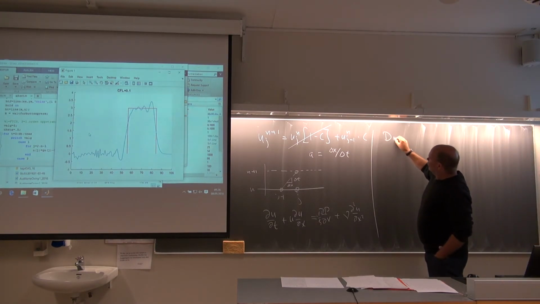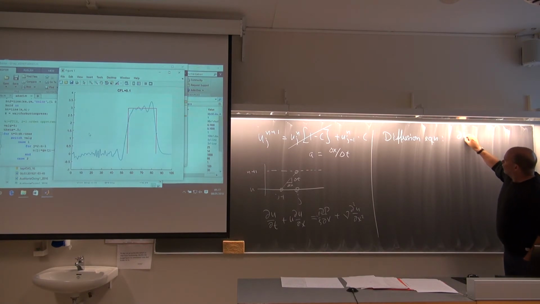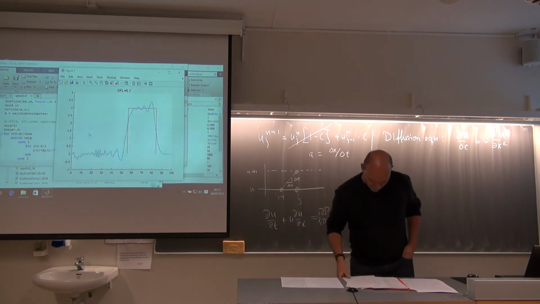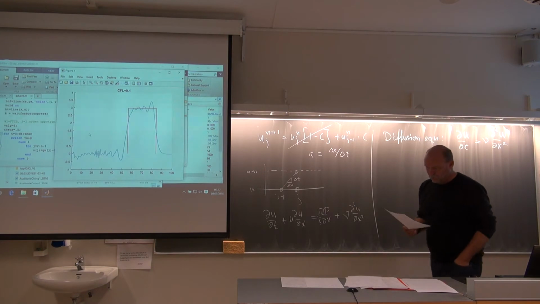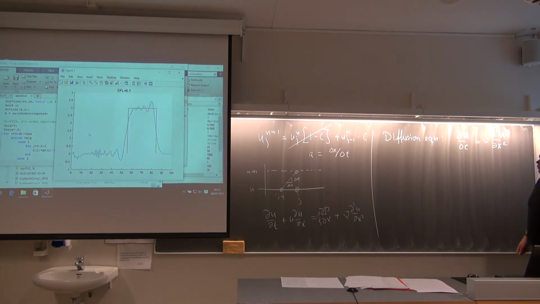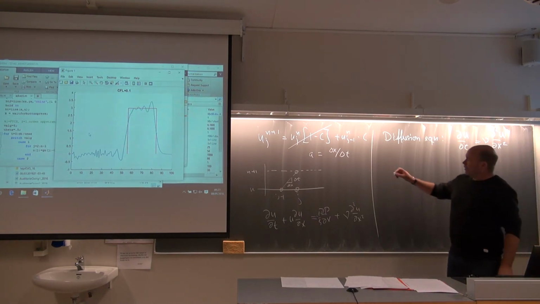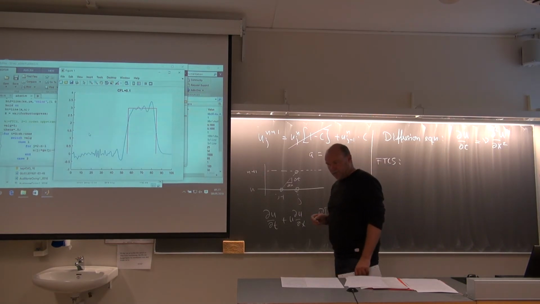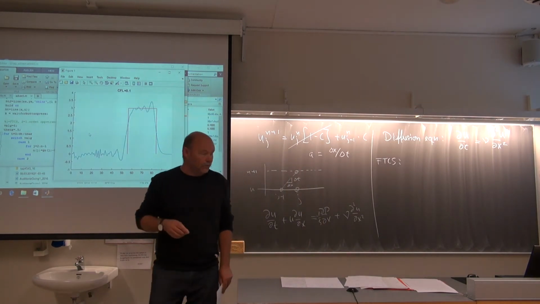Next, the diffusion equation. The time derivative equals viscosity times the double derivative with respect to x. So we are doing the same here, and we start out directly with a forward time central space scheme.